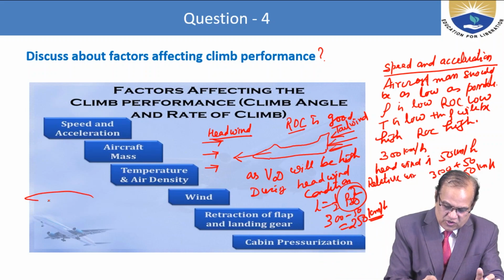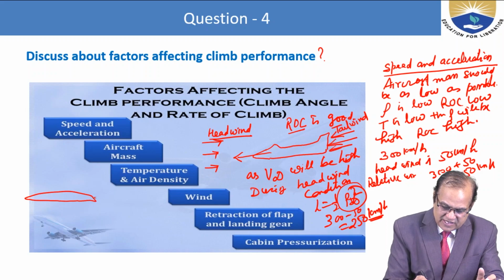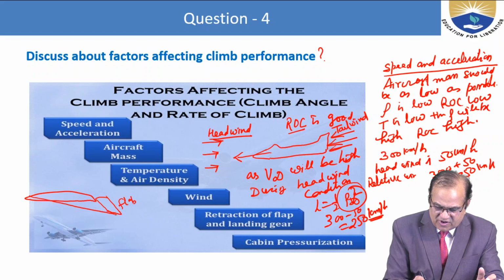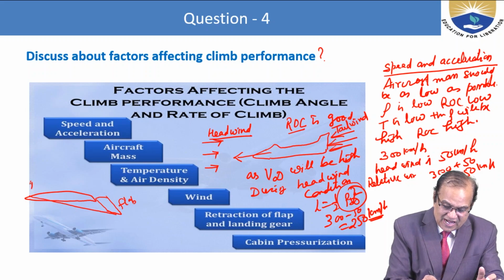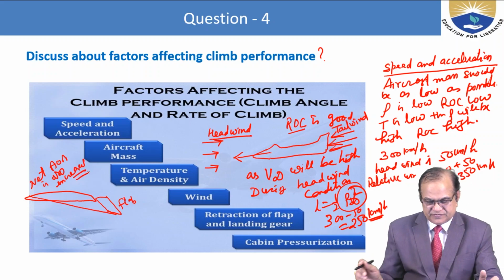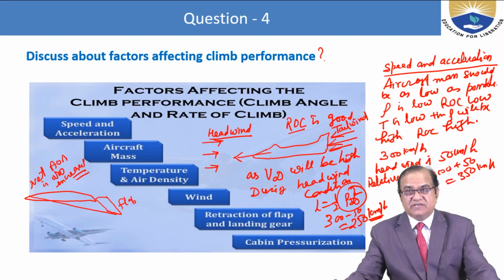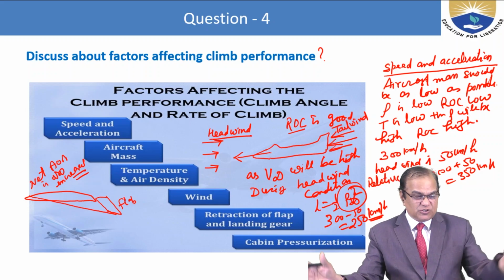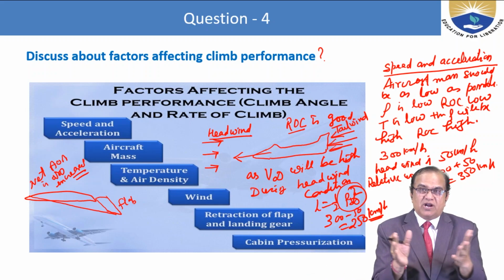So this is your wing aerofoil, and if we make a flap, this is the flap. Now the camber is increased from here to here, so the net angle of attack is also increased. So flap down is the requirement. Retraction of the landing gear should be inside. It should not be out.